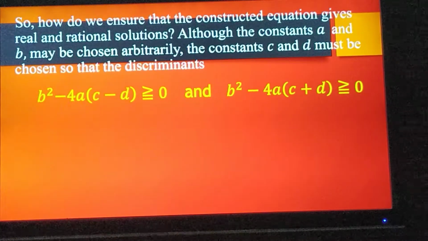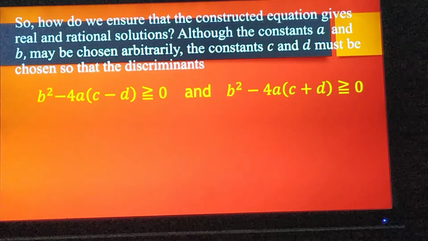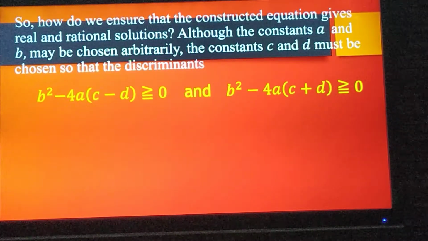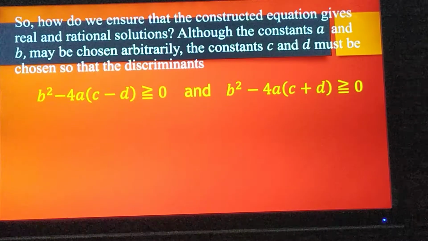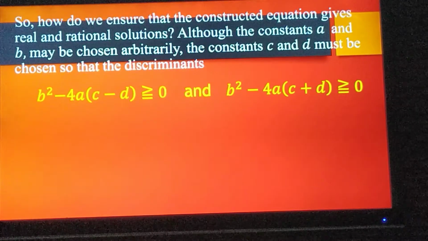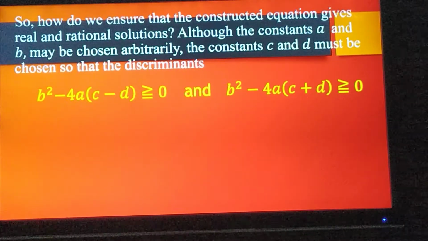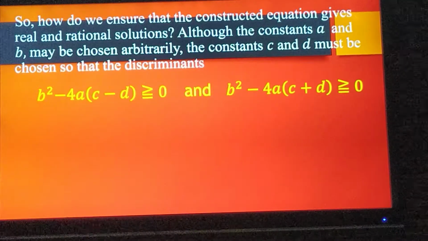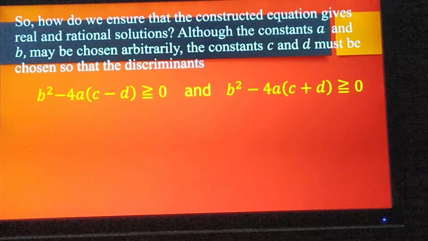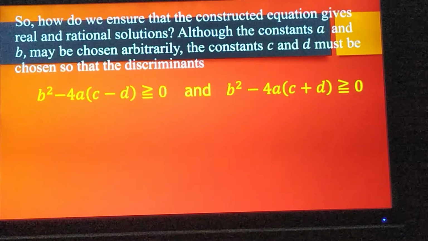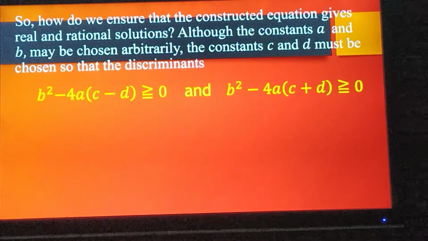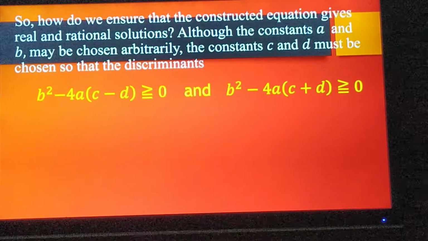So how do we ensure that the constructed equation gives real and rational solutions? Although the constants a and b may be chosen arbitrarily, the constants c and d must be chosen so that the discriminants b squared minus 4a times c minus d is at least 0, and b squared minus 4a times c plus d is also at least 0.